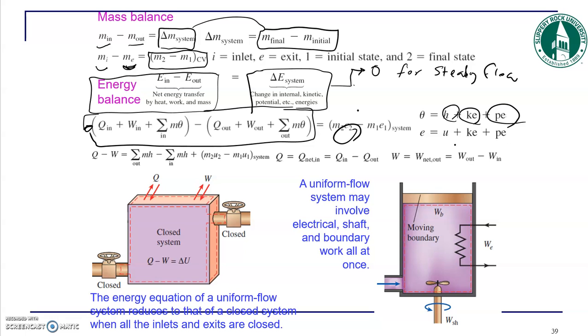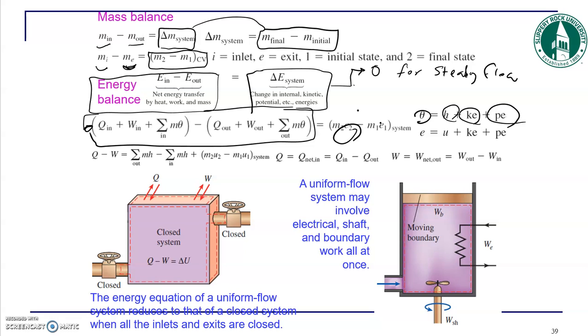That's why on the right hand side of the equation, you use energy, e, as opposed to theta that you see on the left. So theta is not used on the right hand side of the equation. This is the most important part you need to be careful about. Okay, so that's how you write the equation.